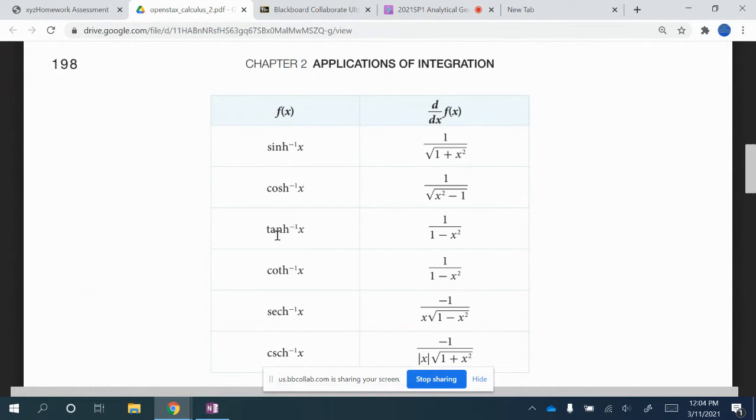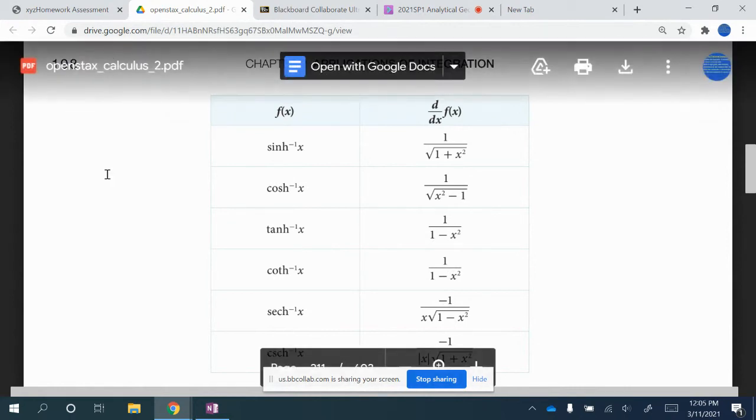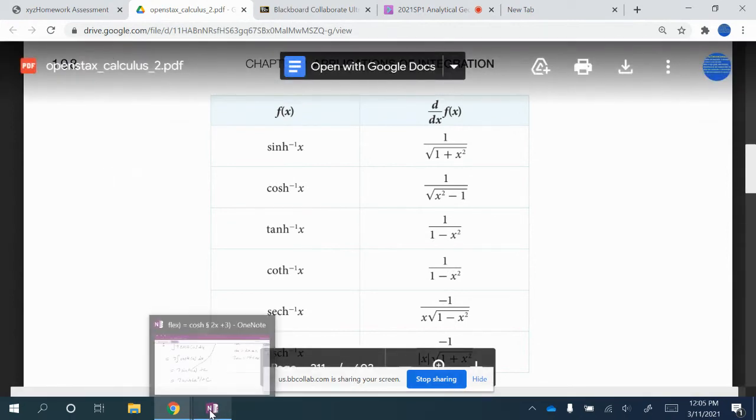The derivative for the inverse of hyperbolic tangent is 1 divided by 1 minus x squared. So we would simply substitute our value for x into the formula. All right, so I'm going to go back.